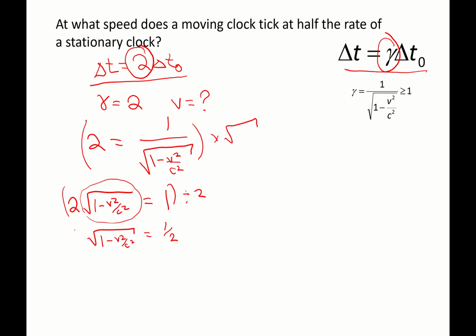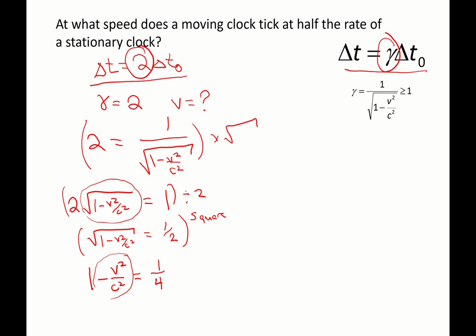Okay, so now how do I get rid of a square root? I square both sides. So I've got 1 minus v squared over c squared is equal to 1/2 squared, which is 1/4. Okay, so I'm getting there. So now I want to get the v squared over c squared on one side by itself.